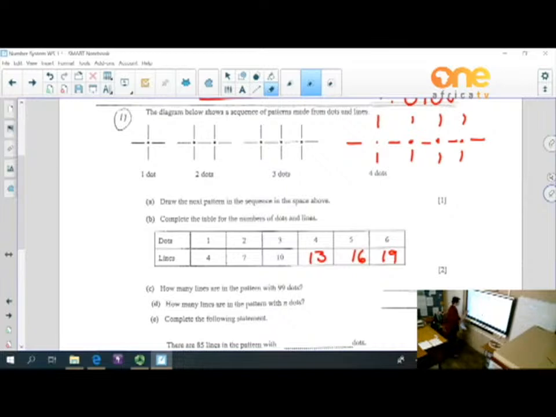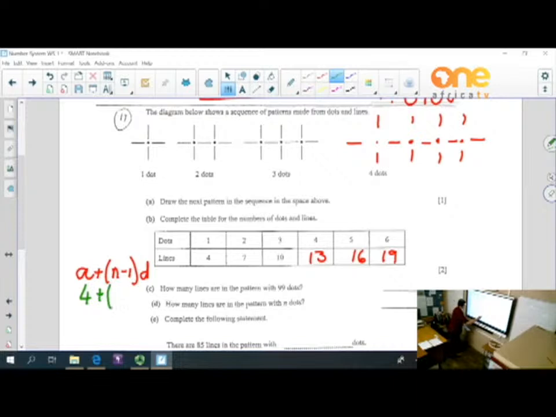Now, there's a very nice formula, A plus N minus 1D. And this works actually very nice if you know this. So A is your first term. The first term here is 4. N stands for the number 99. So what is 99 minus 1? 98.